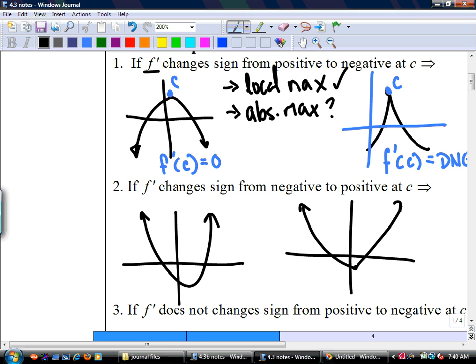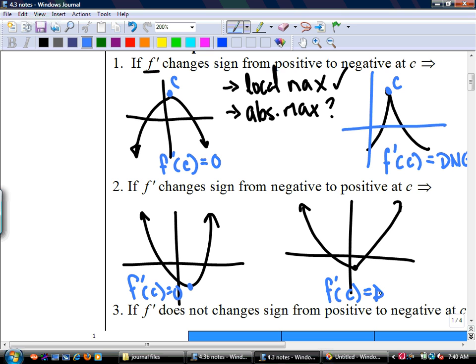Any kind of f prime of c does not exist kind of action, right? I put a corner point there, but it could have been a cusp. What else could it have been? Similar idea. So f prime of c doesn't equal 0, or f prime of c does not exist.